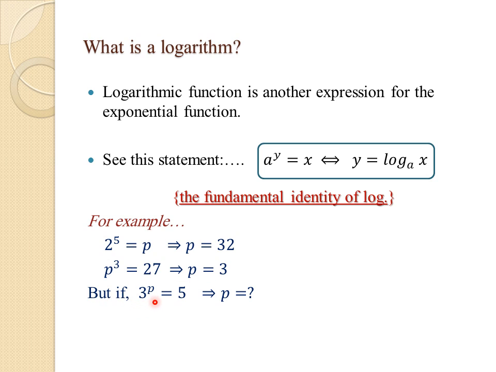But if we say 3 power p equal 5, it's so hard and cannot be solved using the exponential form. The exponential form cannot lead us to the value of p. That's why in such cases we go to these equivalent statements, or the fundamental identity of logarithms, and we transfer from exponential form to logarithmic form and solve to find the value of the missing part.